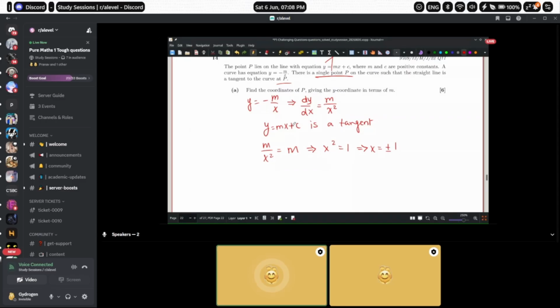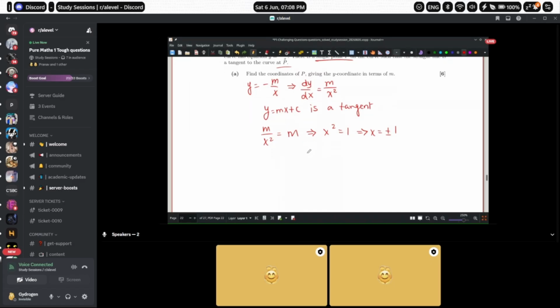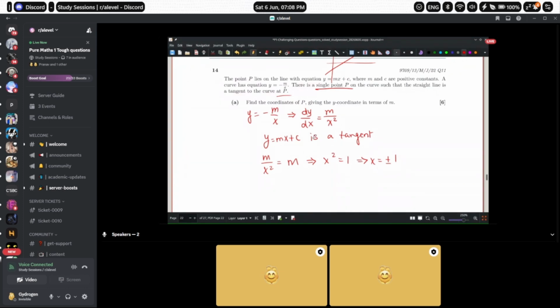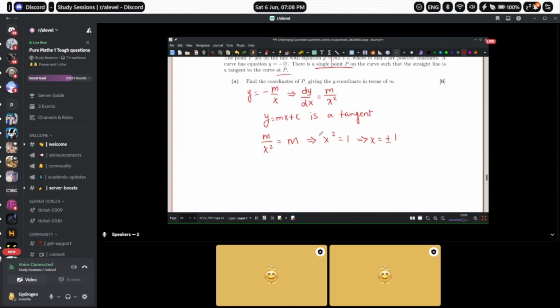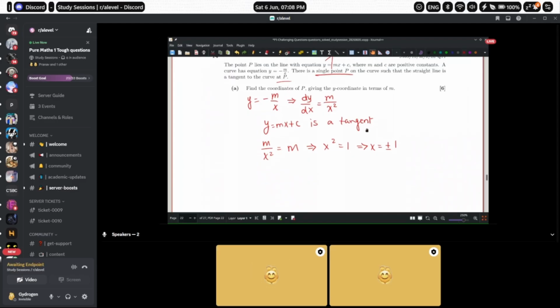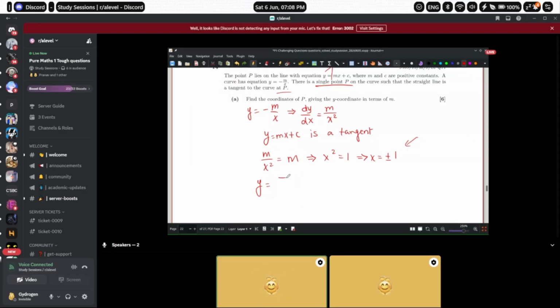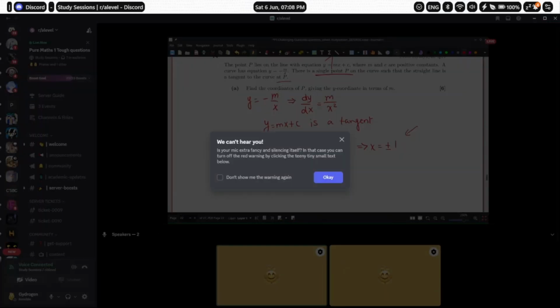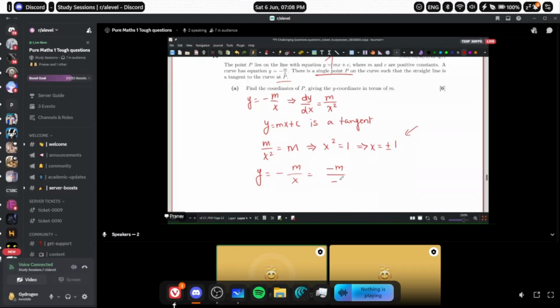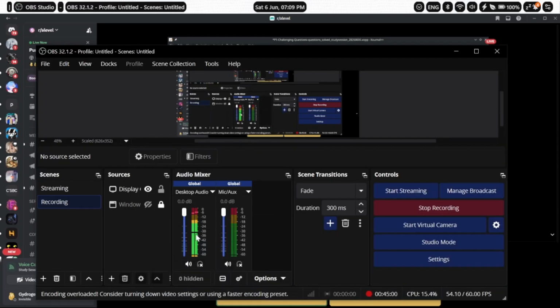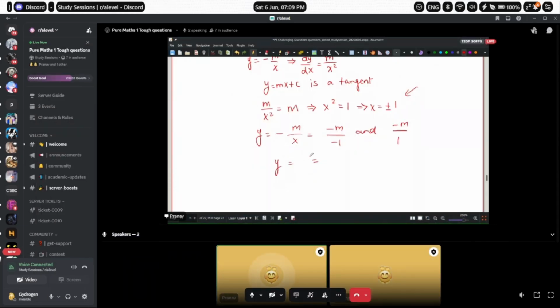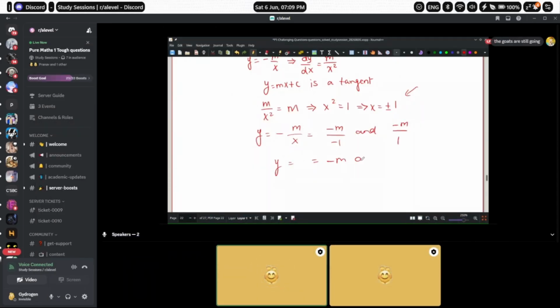So from x equals plus or minus 1, you can find the y coordinate, which is minus m over x, which is minus m over minus 1 and minus m over 1. That gives y equals minus m and m.